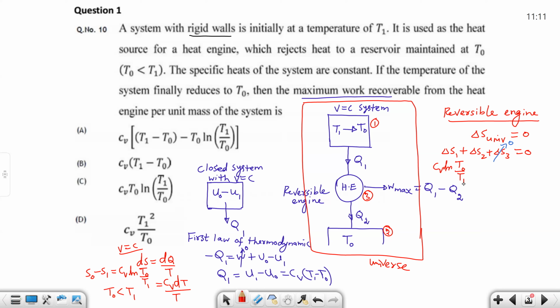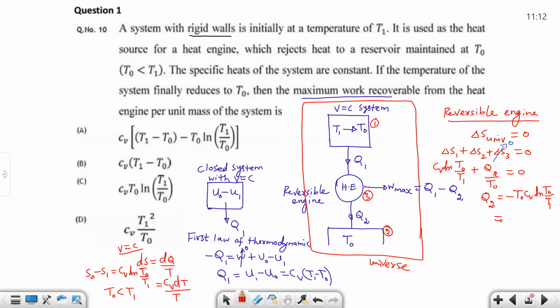So entropy change of system 2. System 2 is a thermal reservoir. It is getting the heat. So positive, reservoir Q2 by T0, equal to 0. So Q2 will be equal to minus T0 into Cv ln T0 by T1.